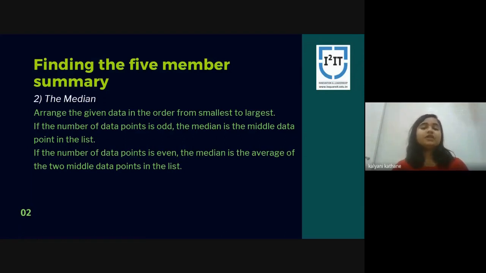If the database has an odd number of data entries, then the middle entry will be the median. But if the database has an even number of entries, then the average of the 2 middle values will be our median.